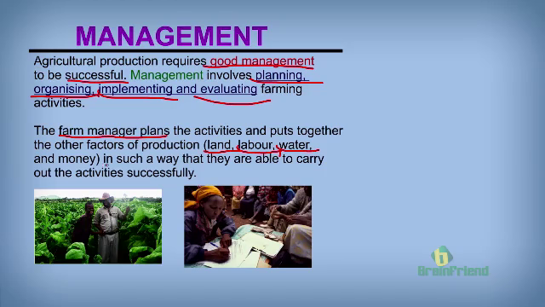He also considers how the money available for farm production is to be used, the amount to pay who, and the amount to spend on whatever purchase. He does all of these in such a way that agricultural production is successful. This is a farm manager, and this is also a farm manager.